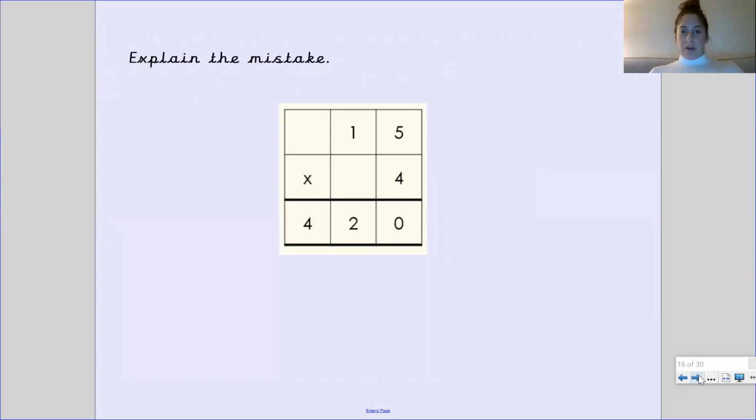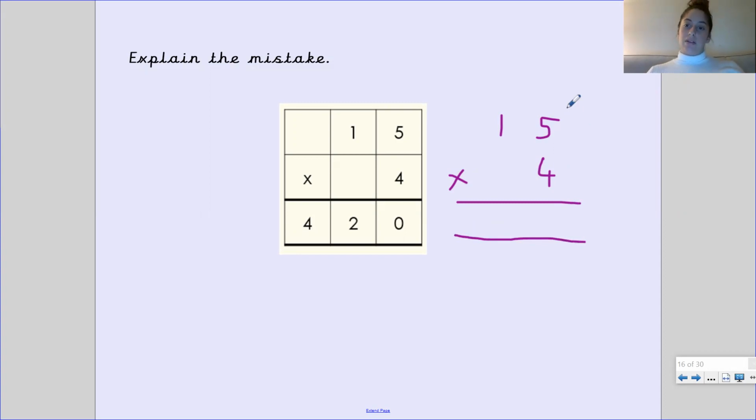Okay, pause the video and have a look at this calculation. Can you explain the mistake? Can you spot where they have gone wrong in this calculation? I'm going to rewrite this calculation here as column multiplication. So 15 times 4, and let's do it step by step together to see where they have gone wrong.